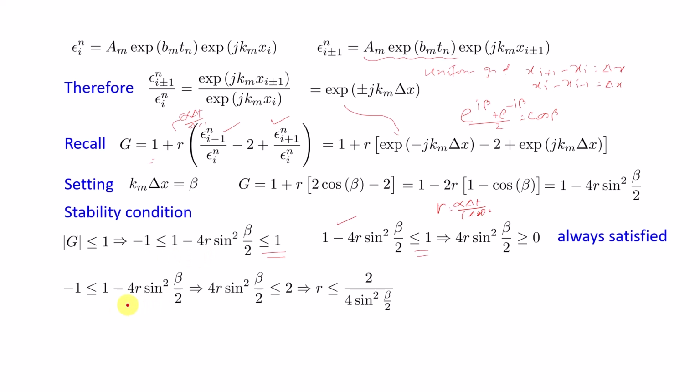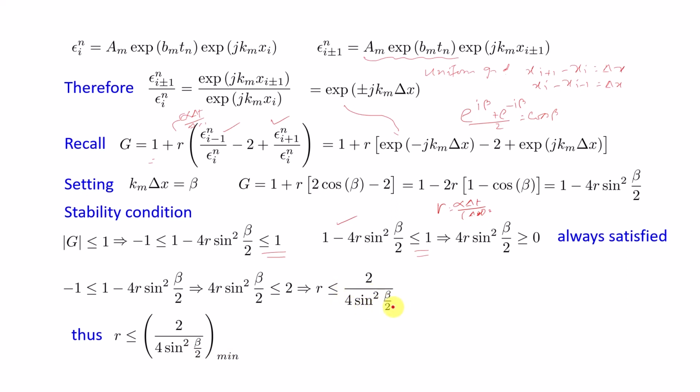So from this condition, what we get is 4r sine square beta by 2 should be less than or equal to 2. Or in other words, r should be less than or equal to 2 by 4 sine square beta by 2. Or r should be less than the minimum value of this.